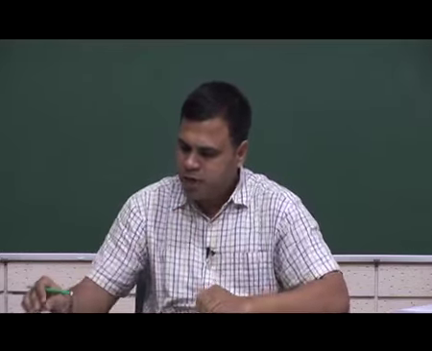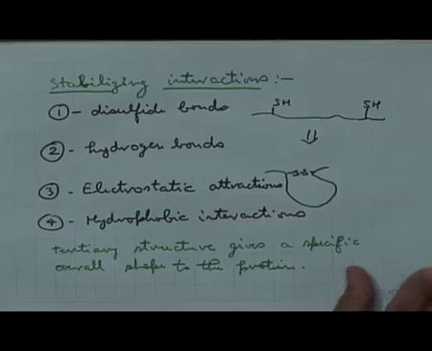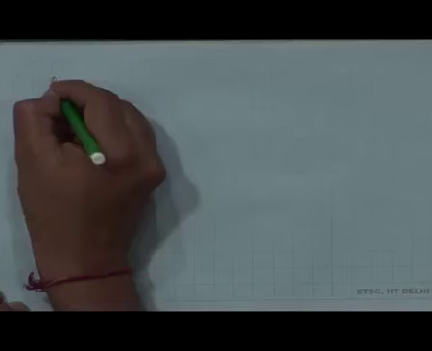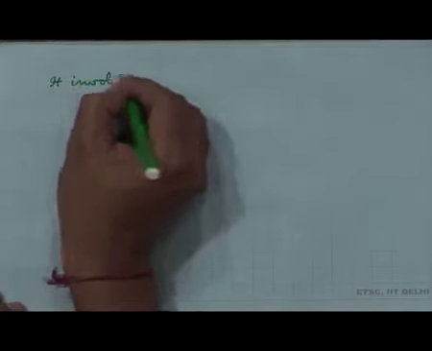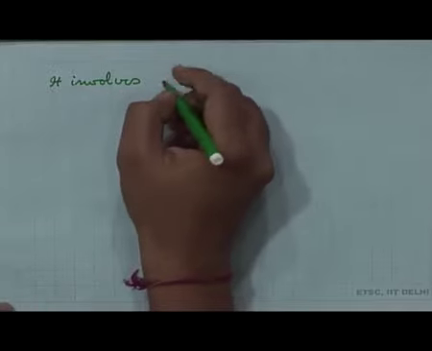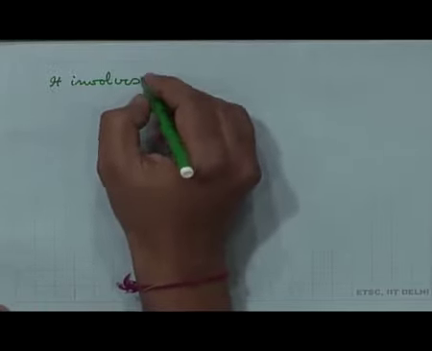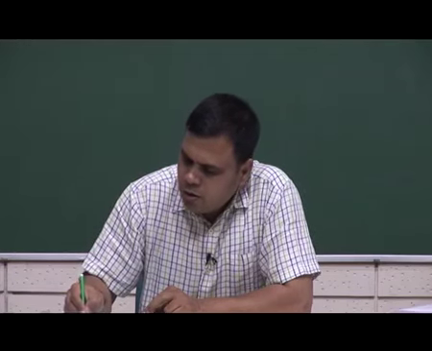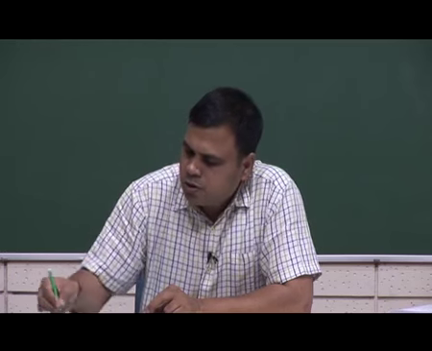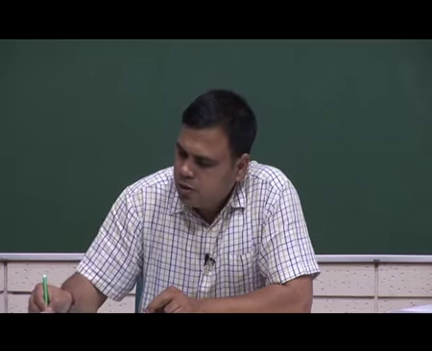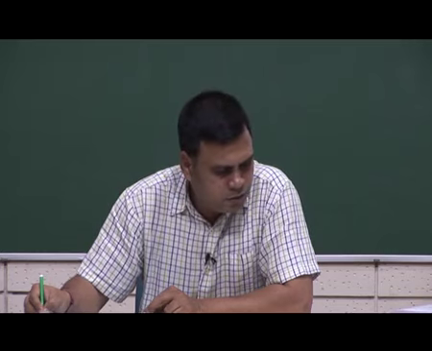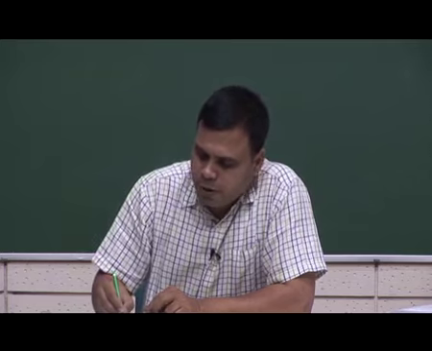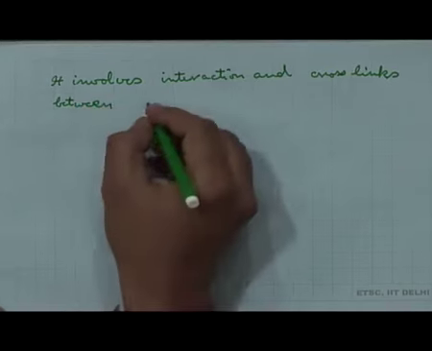So the tertiary structure gives a specific overall shape to the protein, and it involves interactions and cross links between different parts of the peptide chain.